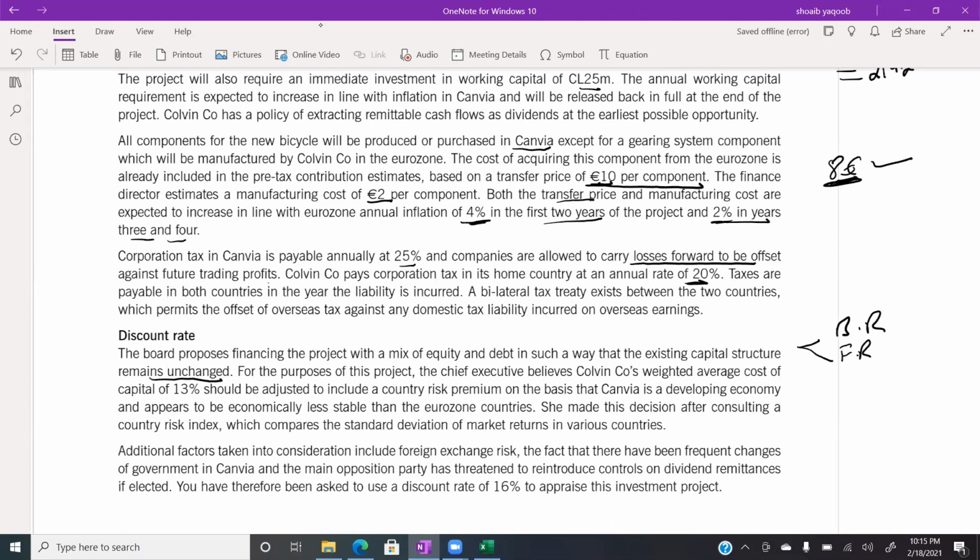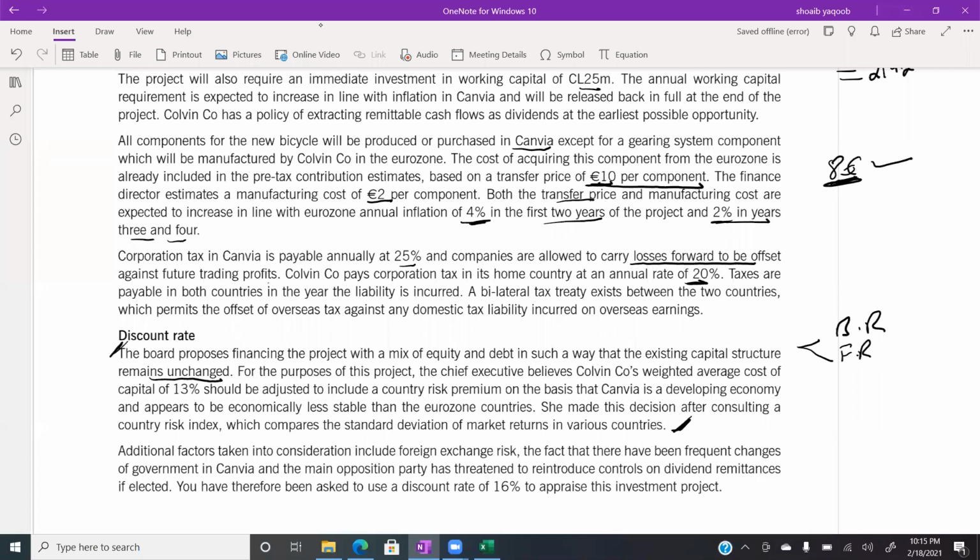Is it making sense? After reading this statement, let's suppose you are in the Eurozone or America or UK.